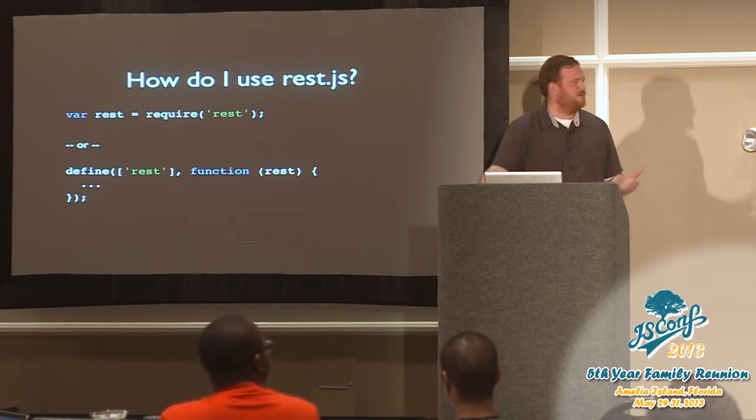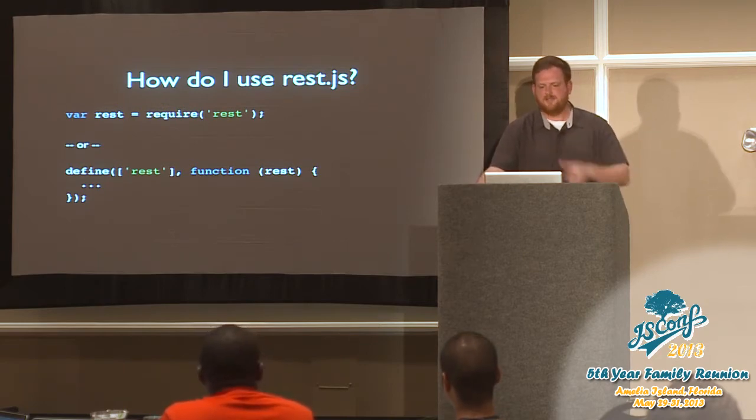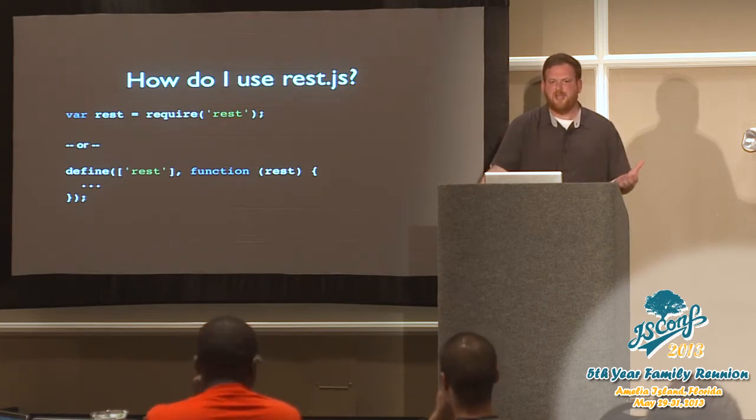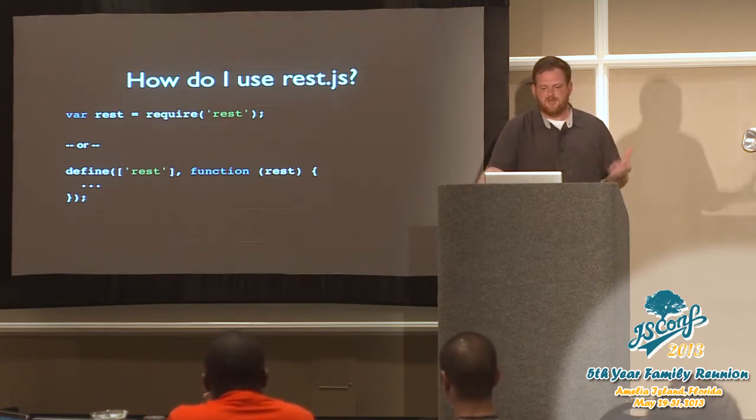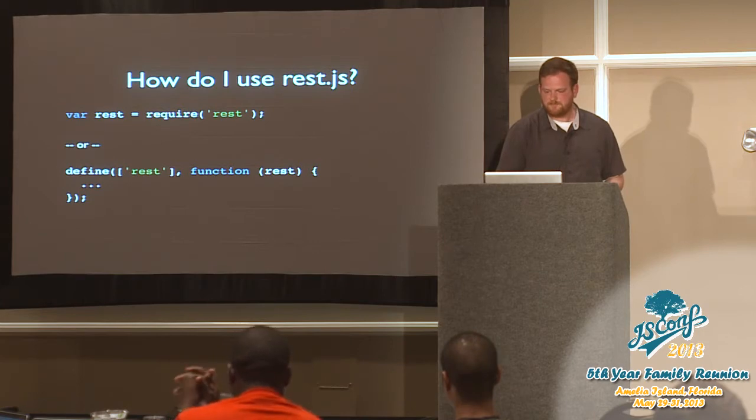If you're not familiar with modules, in Node it's just a straight up require rest. It's dead simple. If you're in a browser, typically we require an AMD loader. So if you're not familiar with that, you basically just define your module and you specify your requirements and they get injected in at runtime.